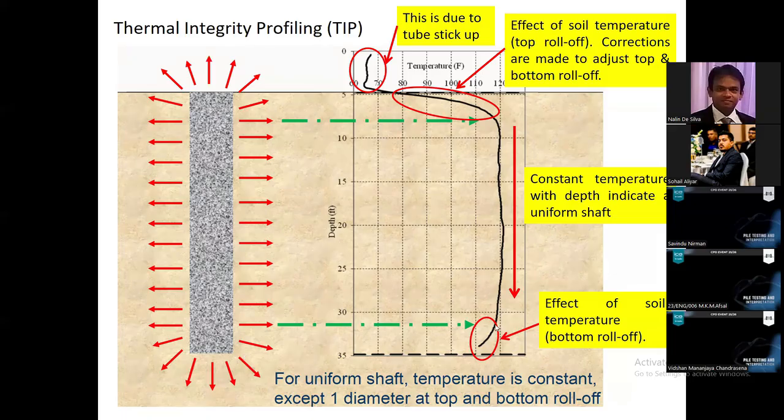So you will see some reduction close to the toe as well. Bottom roll off and top roll off are quite common in this kind of temperature record because of the fast dissipation of heat. But within the pile shaft, you should detect a uniform temperature profile like this, a constant temperature profile, right?